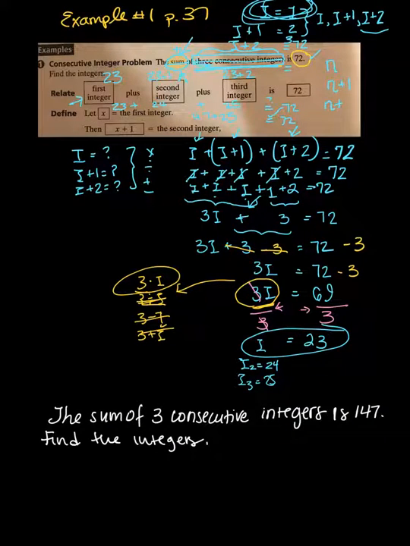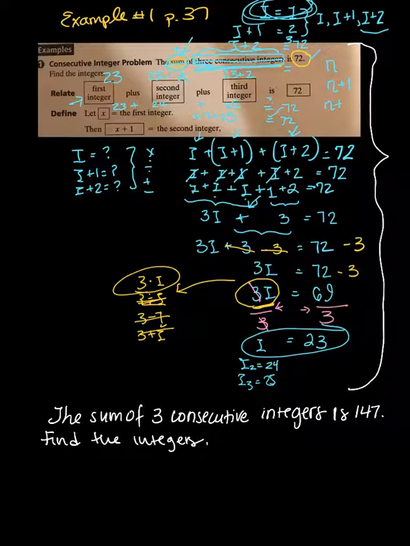Here is a similar problem that I would like you to solve on your own paper. It follows the exact same process as what we did up here. So if you need me to handhold you through it, let's check this out. But notice this problem. The sum of 3 consecutive integers is 147. I want you to find those integers. I'm doing the same thing.